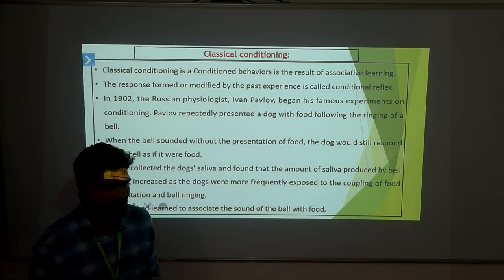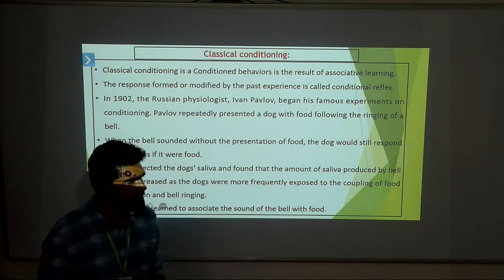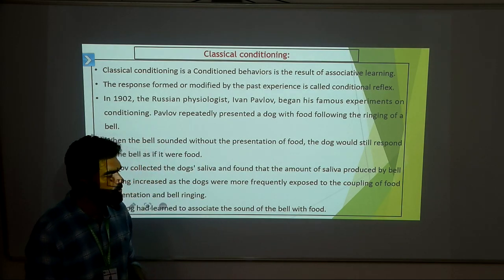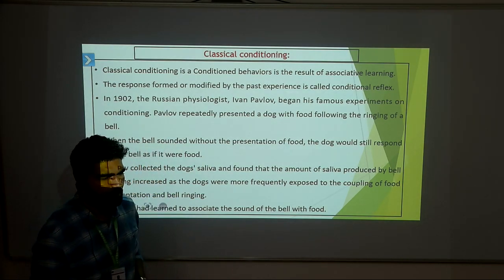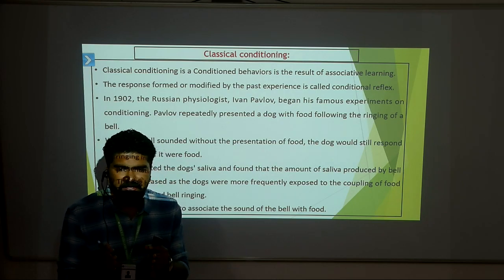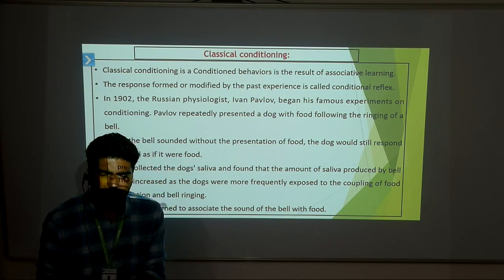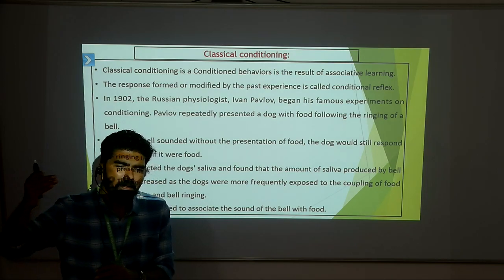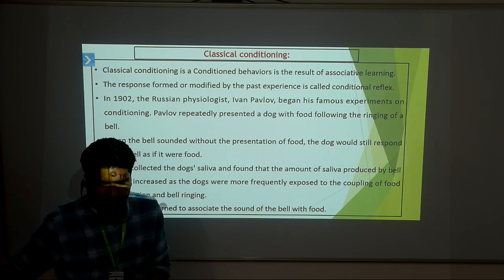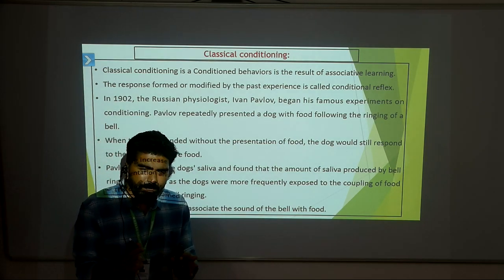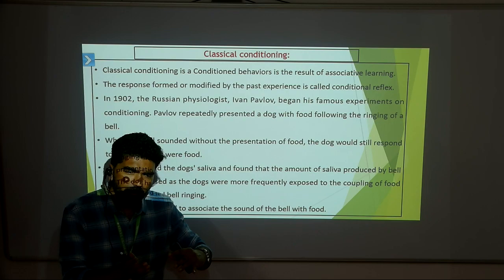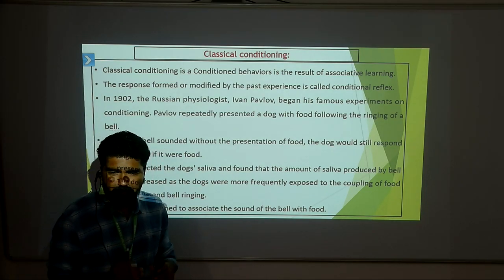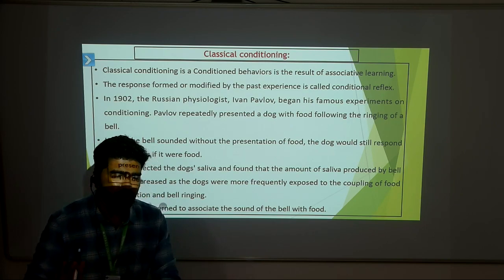Next is classical conditioning. Classical conditioning is a behavior that actually results from associative learning. Means when an animal faces a particular situation again and again, that animal changes its behavior to face that situation.